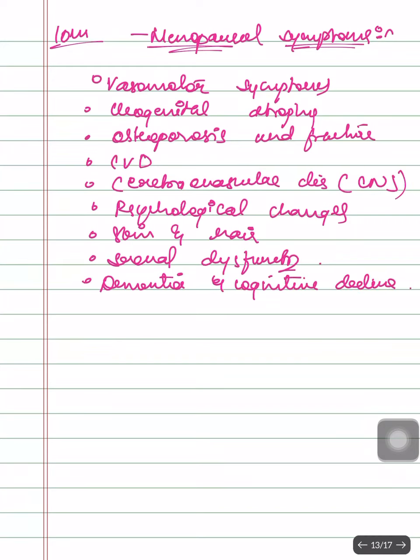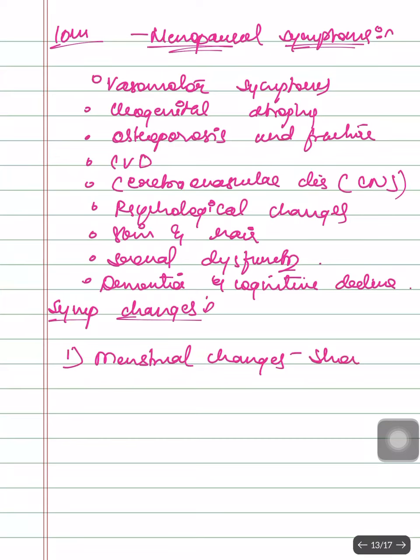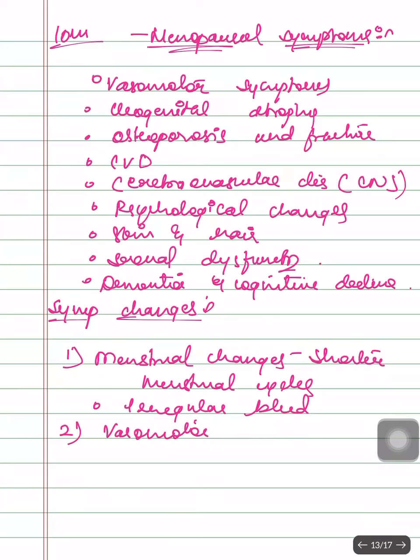Next, coming to the symptoms of menopausal transition. There are 6 changes. First one is menstrual change. There will be shorter cycles, which is more common, and irregular bleeding. Next, the vasomotor symptoms, which are hot flashes, night sweats and sleep disturbances.